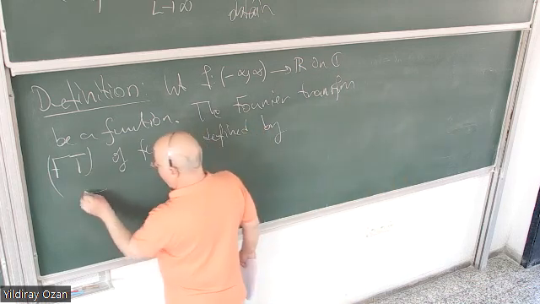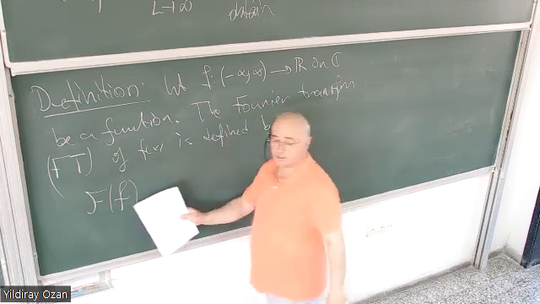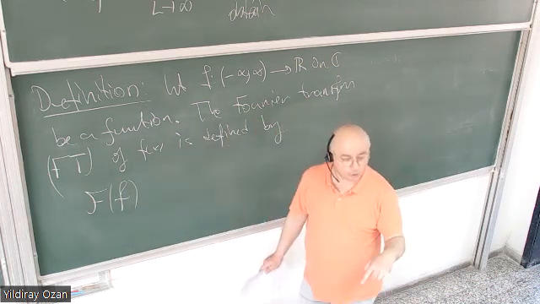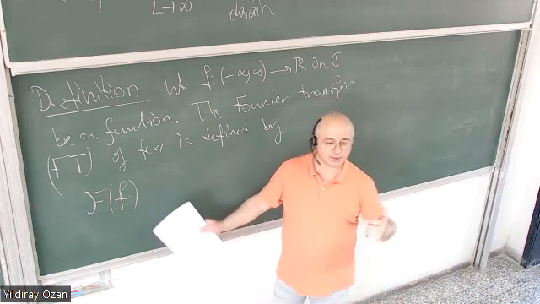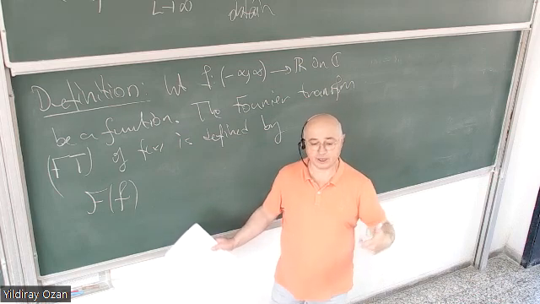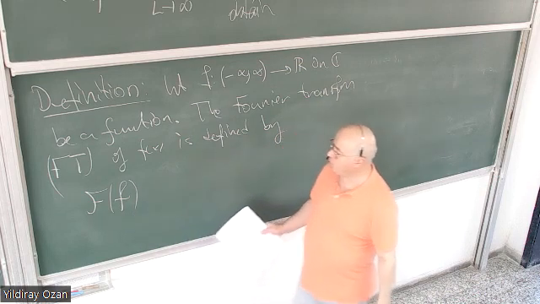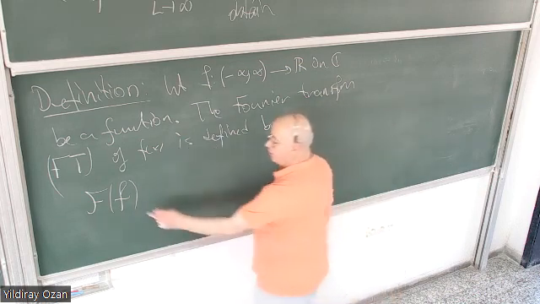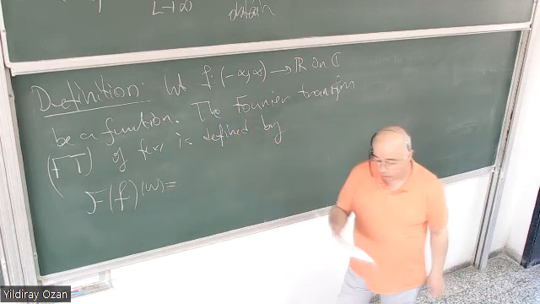the Fourier transform of f. This is a function of w, okay? It's like the Laplace transform. In the Laplace transform, we had a function of t. Its transform became a function of s. Here, this is a function of x. The Fourier transform is a function of w.